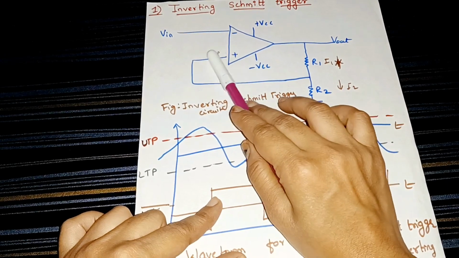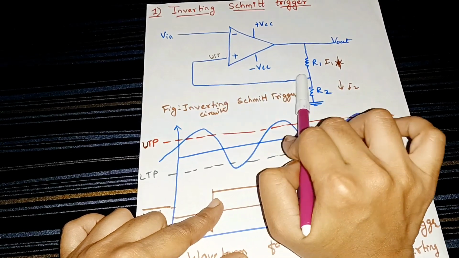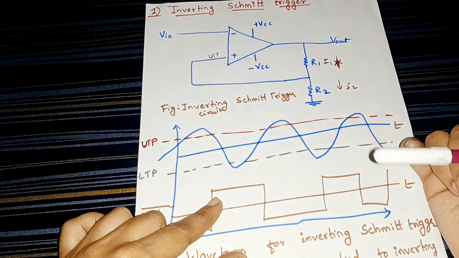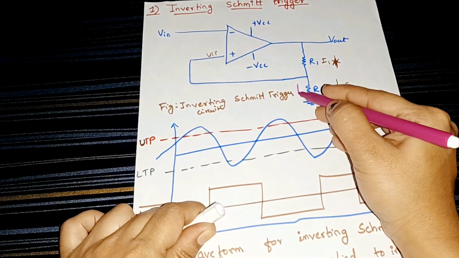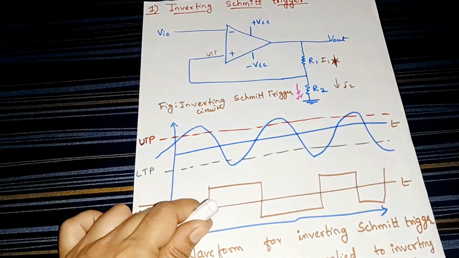The resistor connected to ground we can take as the voltage reference.